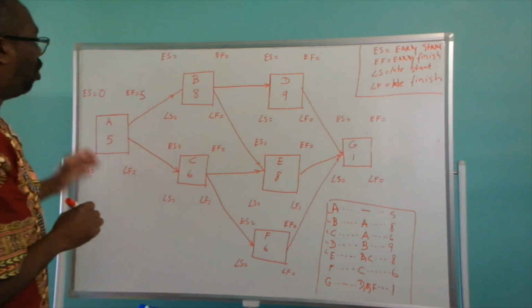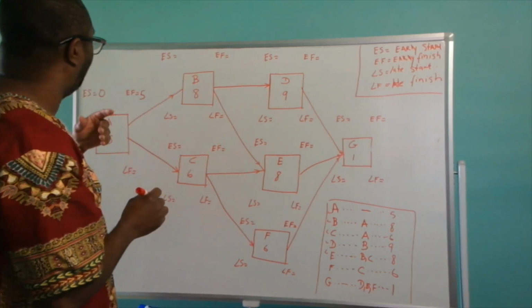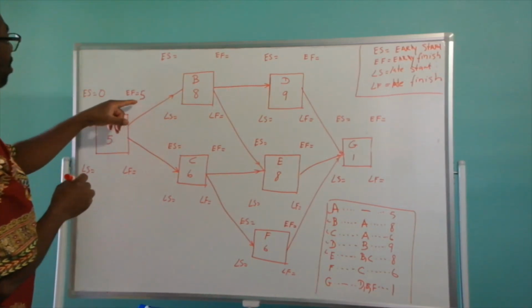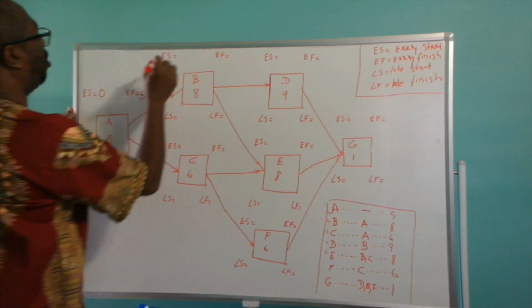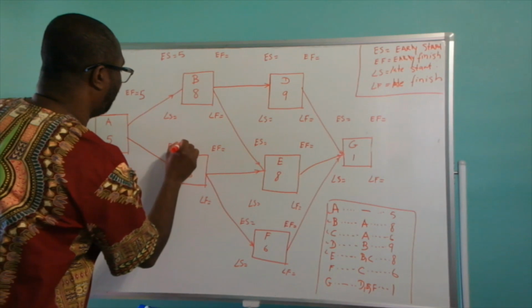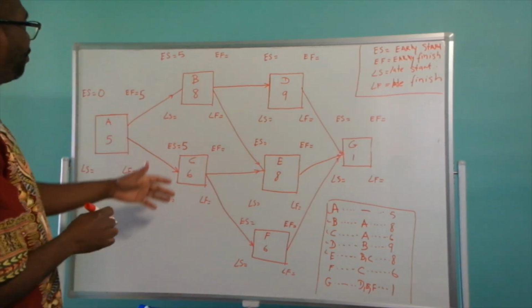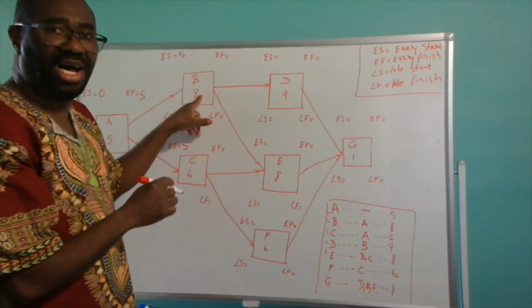Right? So we have activity B and C that come out of activity A. So we have to carry this 5 days. So this 5 days early finish of activity A is going to be the early start for activity B and early start for activity C. You see that? So now activity B has a duration of 8 days.